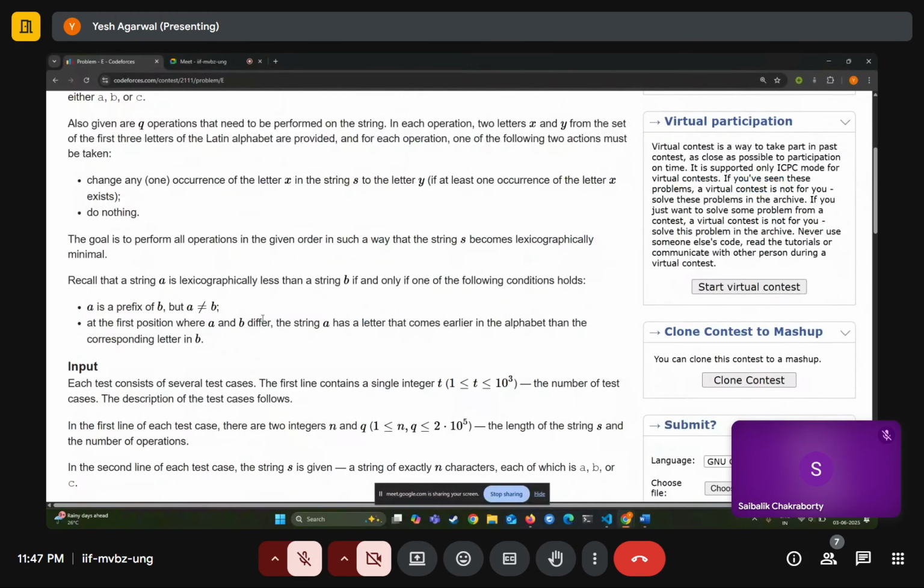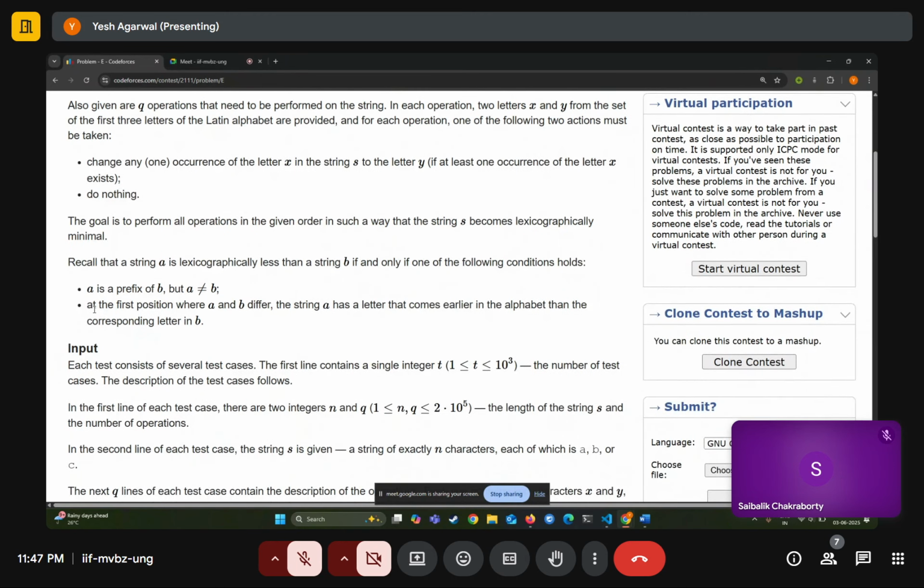What is lexicographically smallest? If a is lexicographically smaller than b, then either a is a prefix of b, which is not that relevant in this question, or the first index where a and b differ from the start, the value of a must be lower than the value of b. For example, at that point b has b, so a must have a.